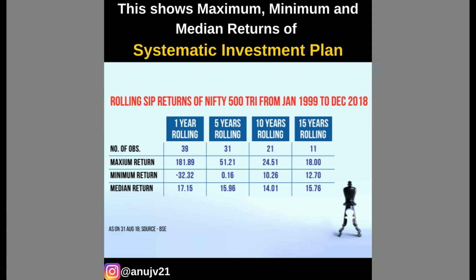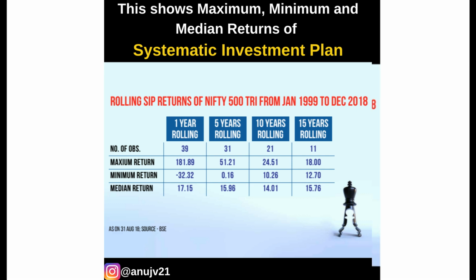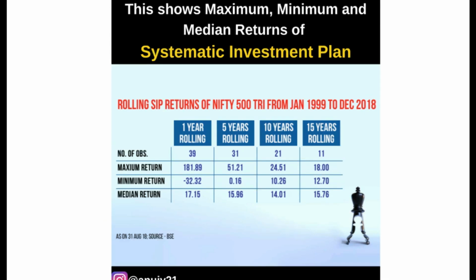In the 10 years of rolling return, we have taken 21 observations. Maximum return is 24.52% and minimum return is 10.26%. Again, the difference between maximum and minimum decreased a lot. As we are investing for long, the difference is decreasing, right?